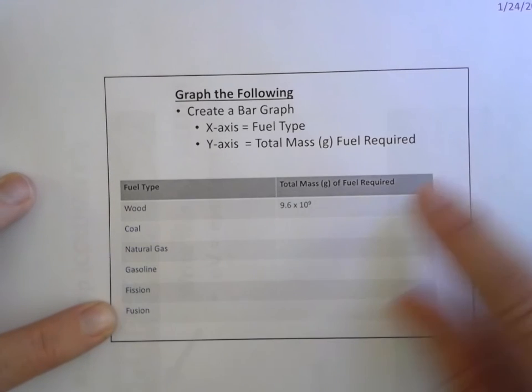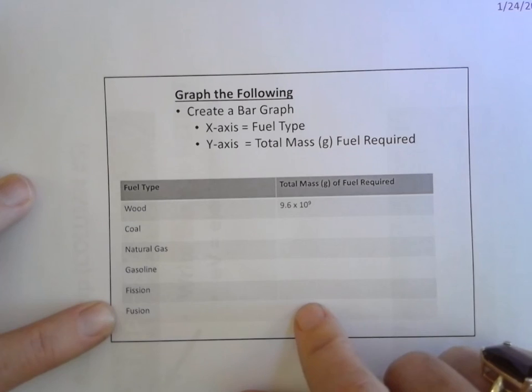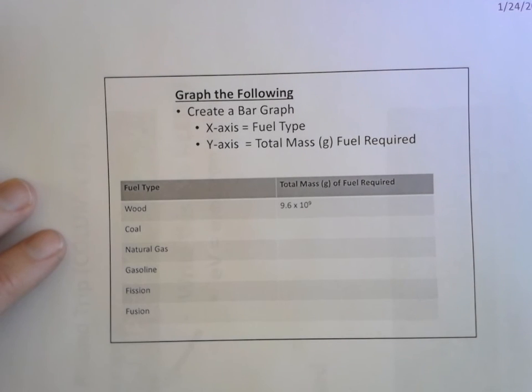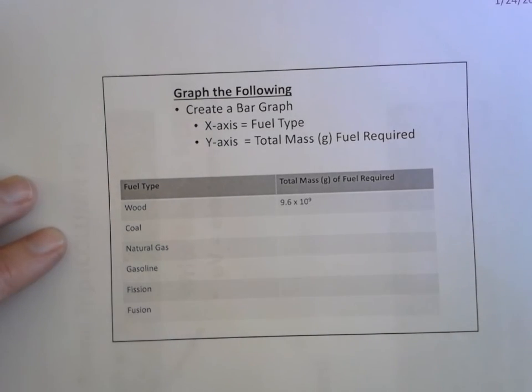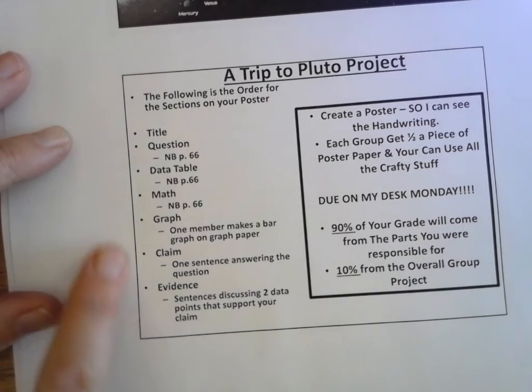Now these are going to have exponents, so you're going to have to spend some time really processing and thinking about what the numbers should be on your y-axis. Just to make sure, all of these parts are so that you can make a poster with these particular sections, and it's due on Monday.